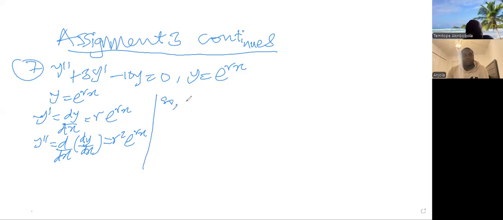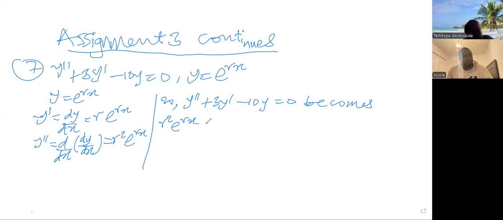So y'' + 3y' - 10y = 0 becomes, now for y'' I'm going to substitute r squared e raised to power rx, plus for y' that's r e raised to power rx, that will give us 3r e raised to power rx, minus 10y, y which is e raised to power rx, equals 0.